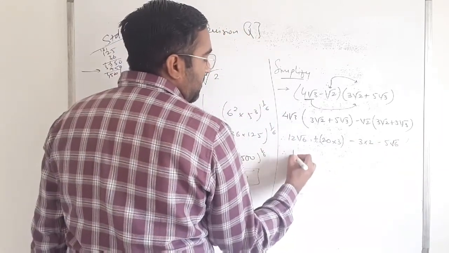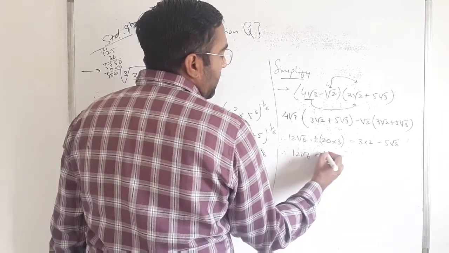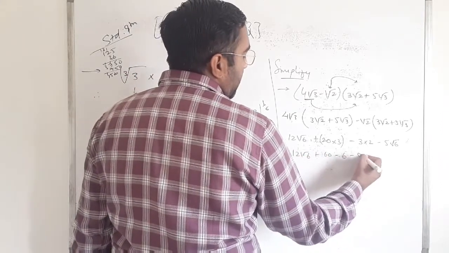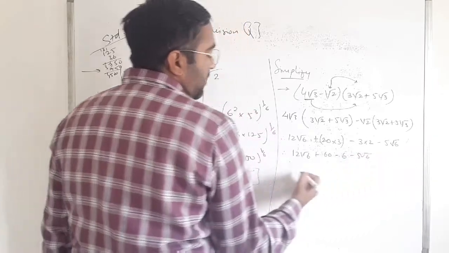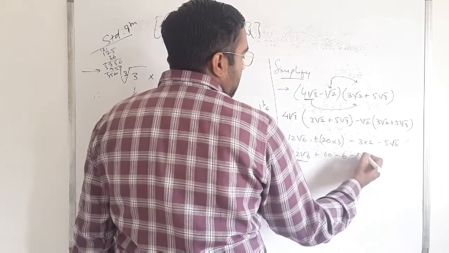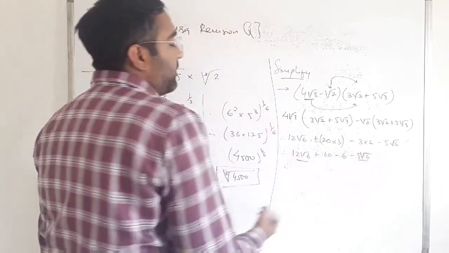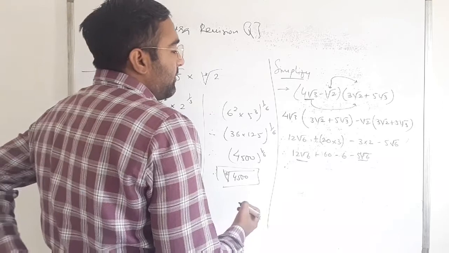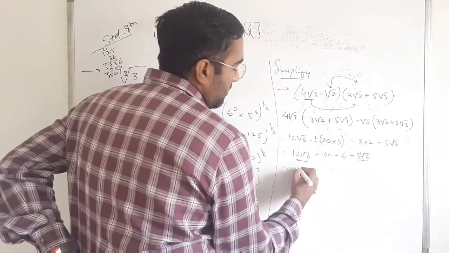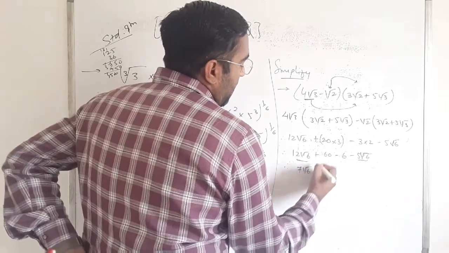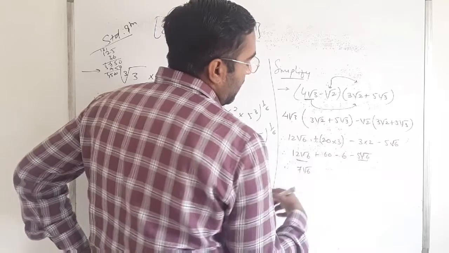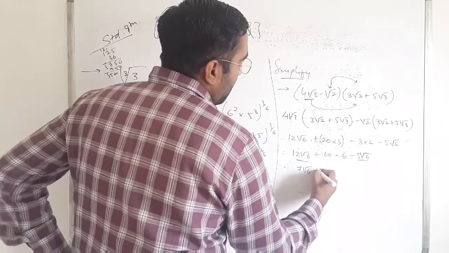So the answer will be 12 root 6 plus 2 threes are 60, minus 3 twos are 6, minus 5 root 6. So 12 root 6 minus 5 root 6 is 7 root 6, and 60 minus 6 is 54.